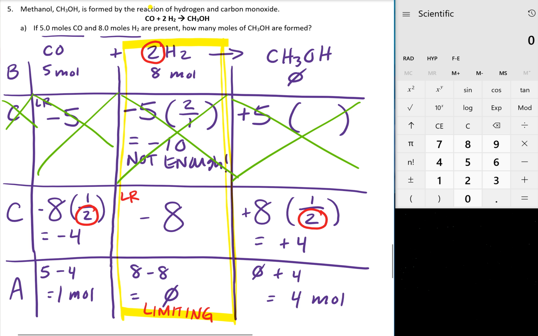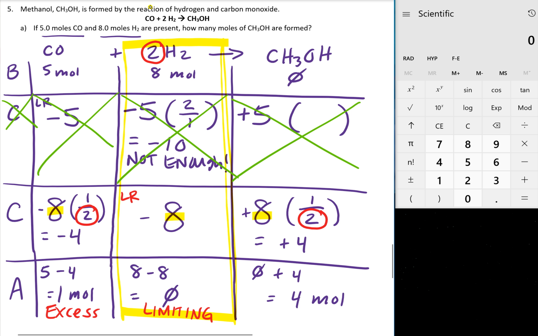And one more thing about that limiting reactant, its starting value was 8. And so we subtracted all of it to get that 0. And it's the 8 that was transferred over to all the other columns. Your limiting reactant determines everything. Your excess reactant is the reactant that you have extra moles of, and that's going to be your carbon monoxide.